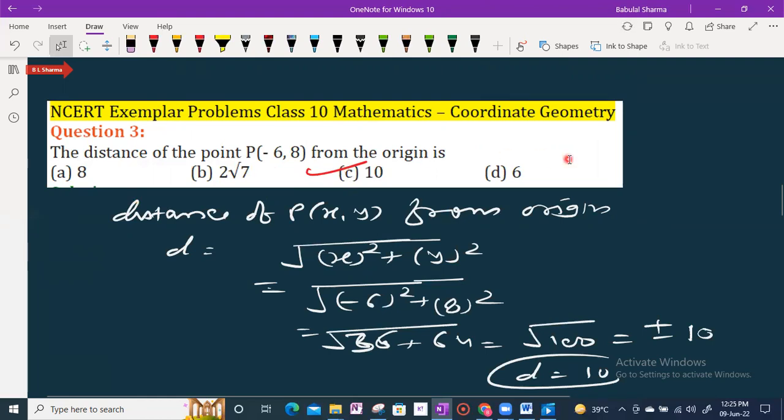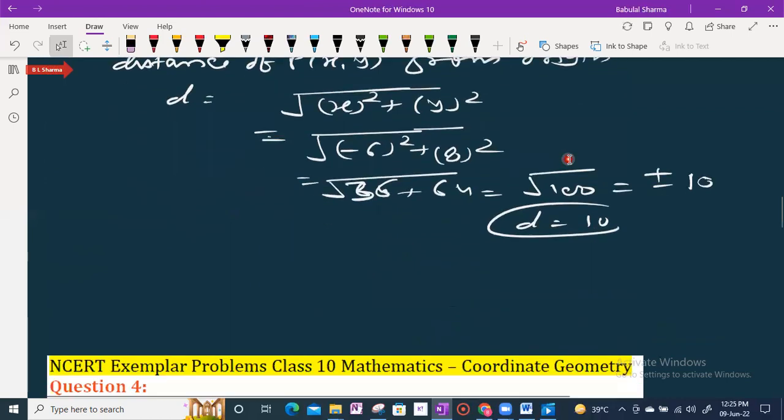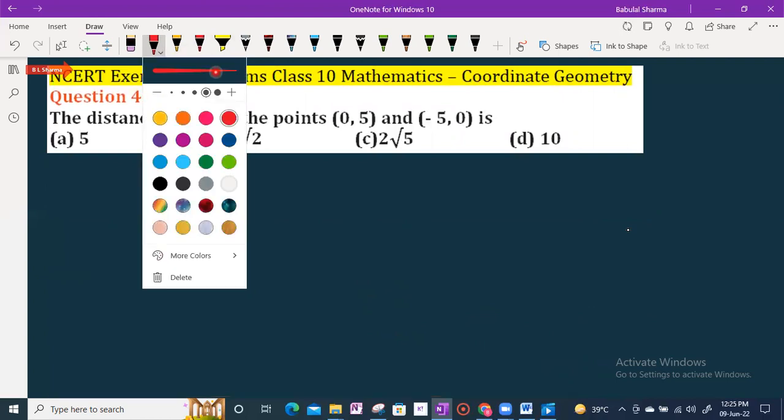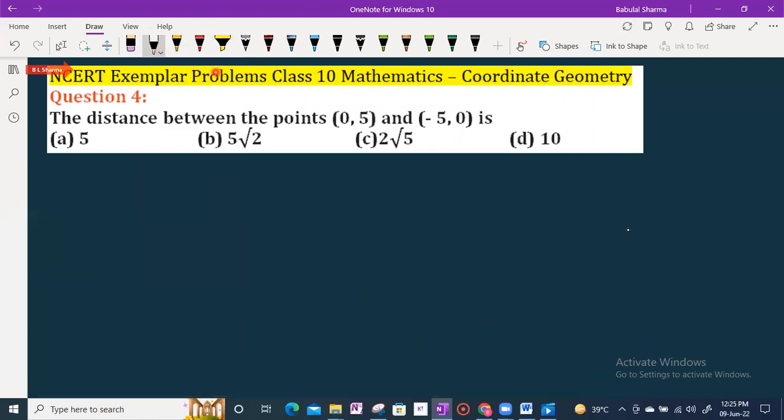Now we move on to the next question, that is 4. The question is the distance between the 2 points. Using the distance formula, you can write (x2 minus x1) whole square plus (y2 minus y1) whole square.